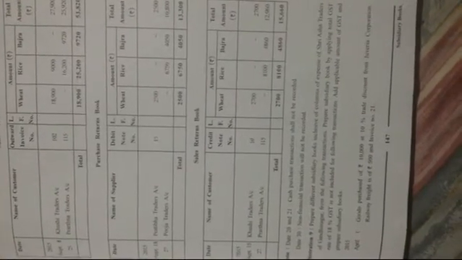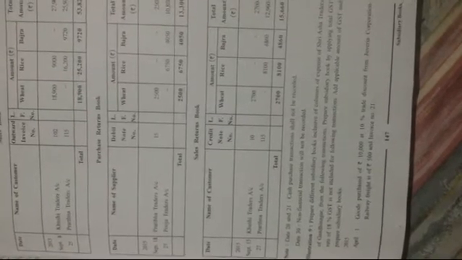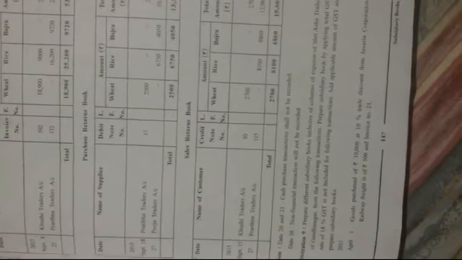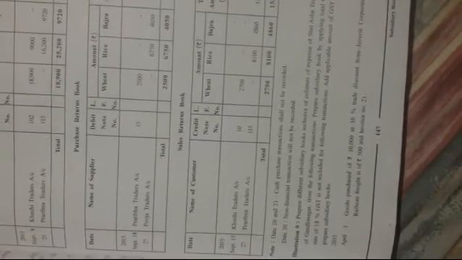So in this question you have to prepare the columnar purchase book, sales book, purchase return book and sales return book according to goods and expenses, and you also have to calculate the GST. So let's start with the question.